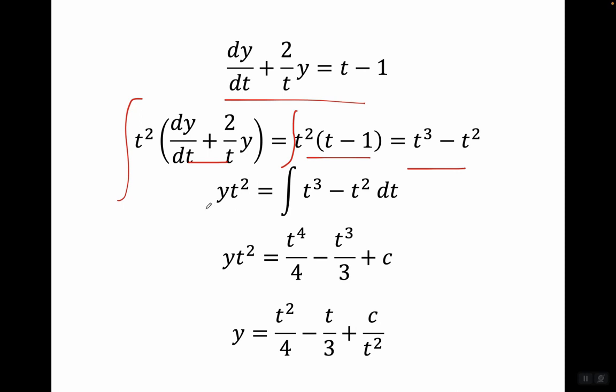It's always going to be y times the integrating factor, y t squared. The antiderivative of t cubed minus t squared is t to the 4th over 4 minus t cubed over 3. Divide both sides by t squared, and we end up with y equals t squared over 4 minus t over 3 plus c over t squared. And again, that's because we're dividing both sides by t squared.